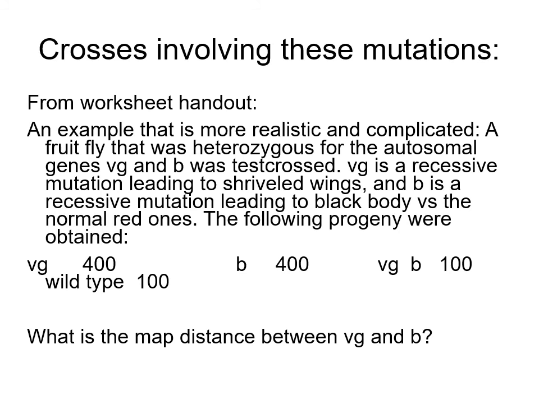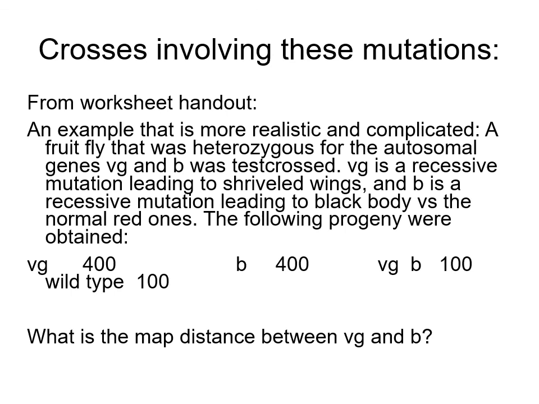So the first thing you have to realize is they're not giving you all the phenotypes here. If the fly has vestigial wings and the body color is not mentioned, we assume wild type. So this is actually VG B+. Similarly, for the black body, the wing phenotype is not mentioned, so we assume it's VG+. The VG B is the double mutant and wild type is wild type.